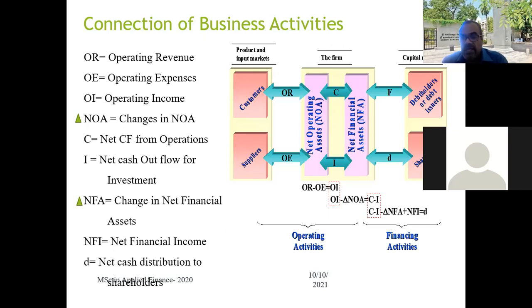Now assume that you have earned some income, that's operating income. What does it reflect or represent? It represents the increase in net assets.